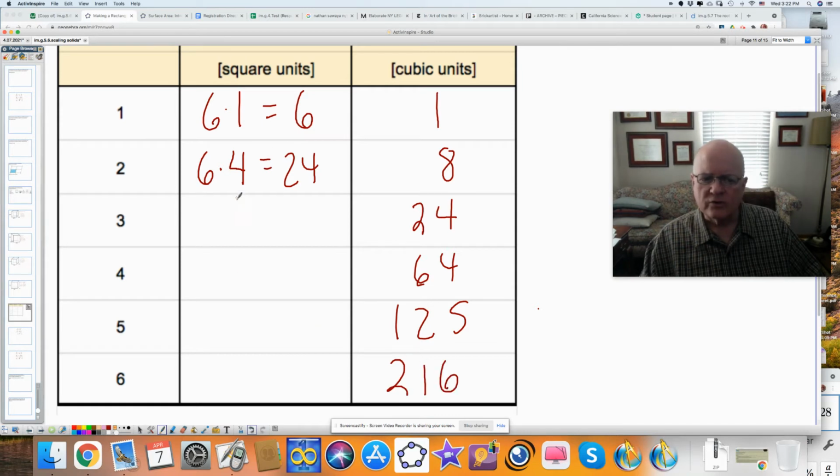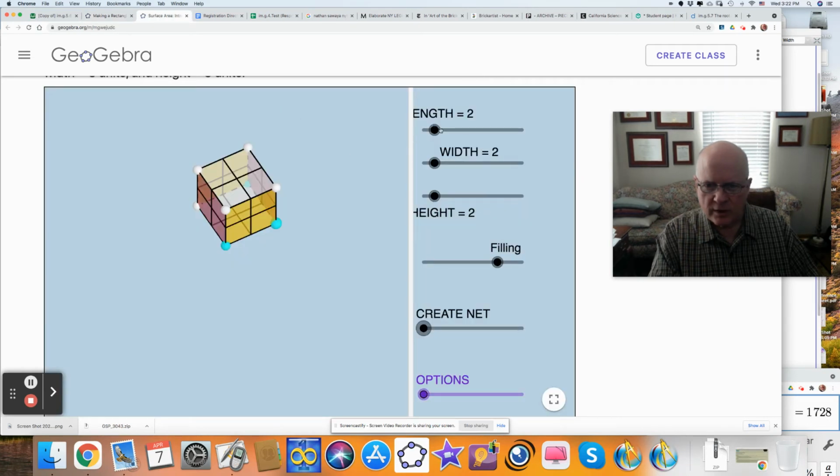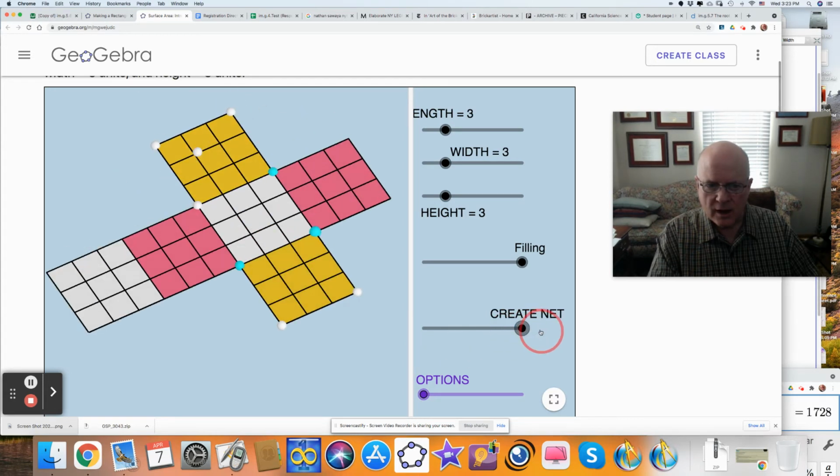What about the surface area? A 3 by 3, I'll do it with this one, length, width, and height. And if I unfold this with a net, each one of these is 9, and there's 6 of them. How did I get 9?